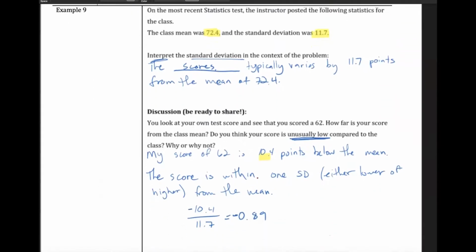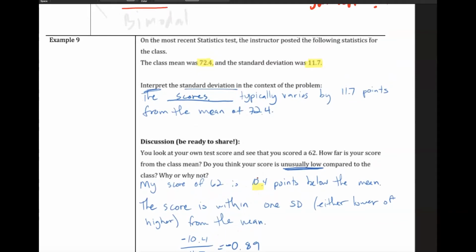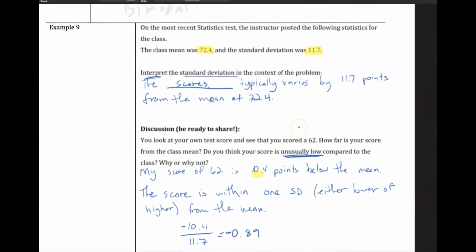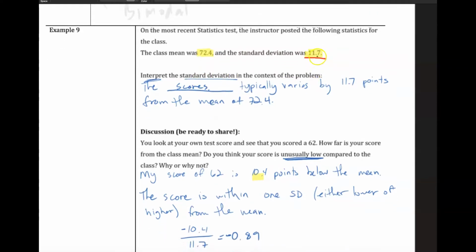And then the last example is completed for us. Here, it's this discussion about thinking about how we use standard deviation, and in the next lesson we'll see this also. But once you have data like a mean and standard deviation, what we care about many times is the interpretation of the standard deviation.